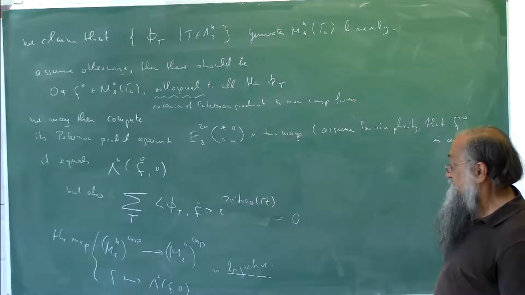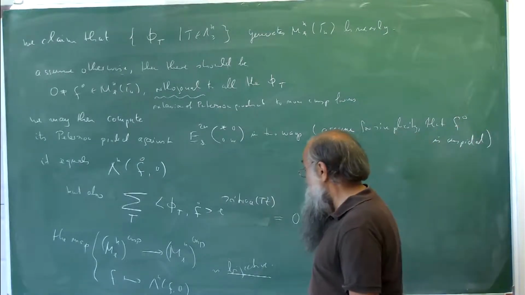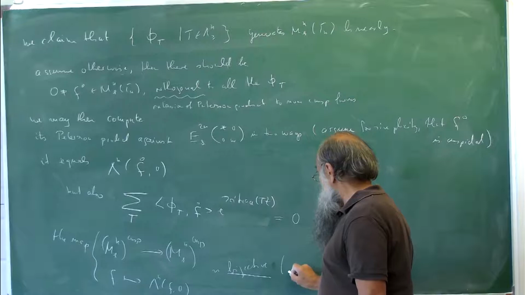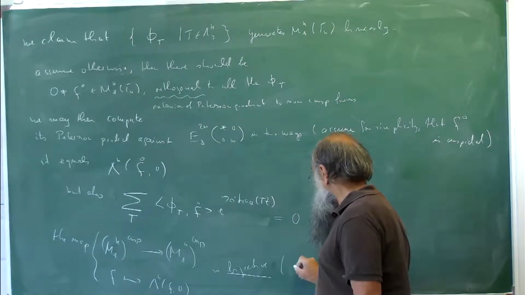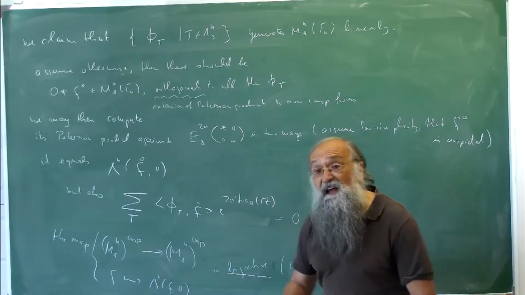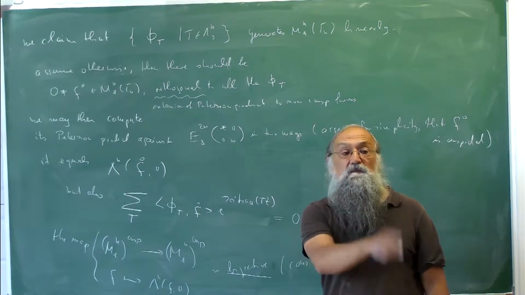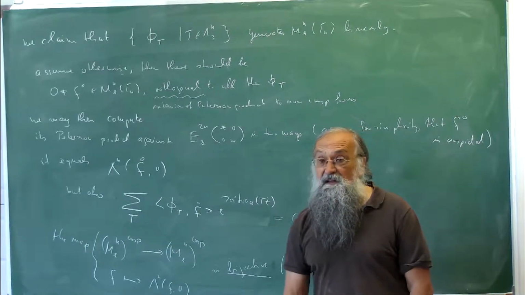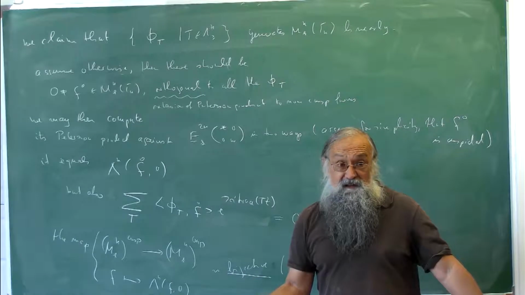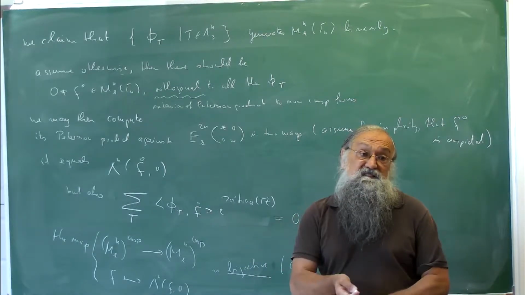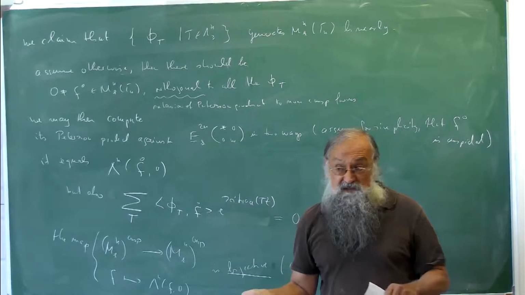This is bijective. Why? It maps eigenforms to non-zero multiples of these eigenforms. Because what is happening for eigenforms, you just multiply them by this value of the L function, which is different from 0.